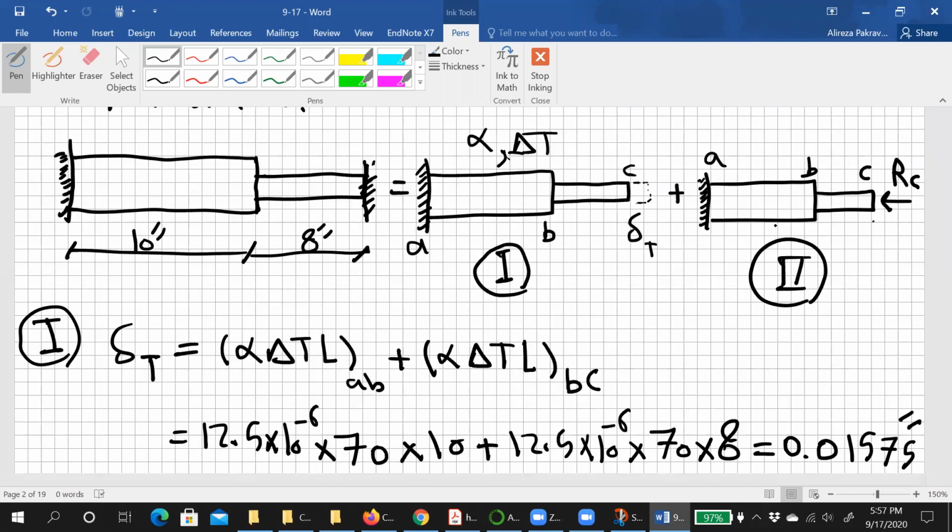Is it PL over AE? PL over AE, but we have two segments, right? We should first maybe use this segment and then this segment, right?